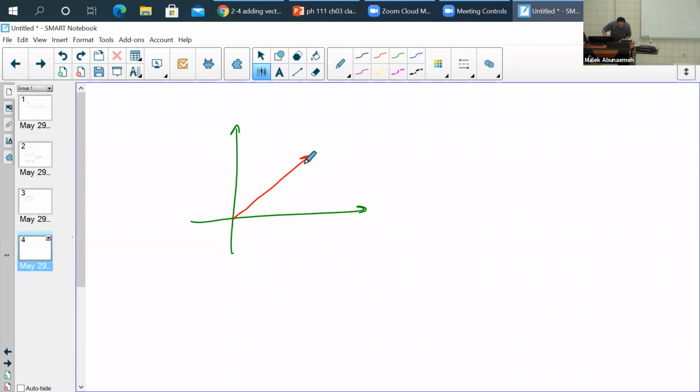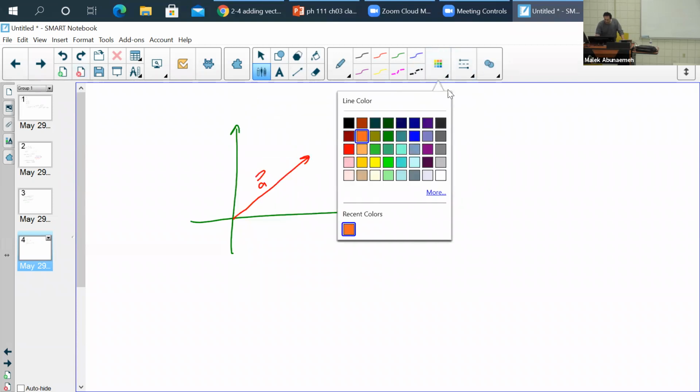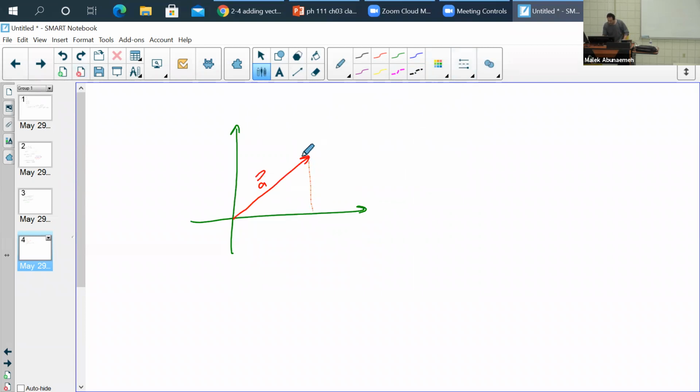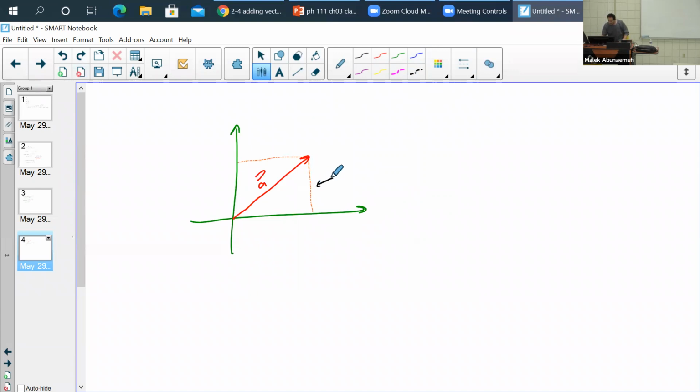This resultant component, let's call it A. This resultant is because of your A component in the y direction, and your A component in the x direction.